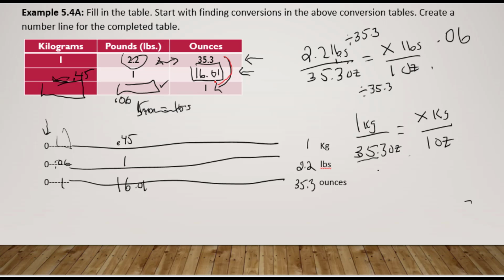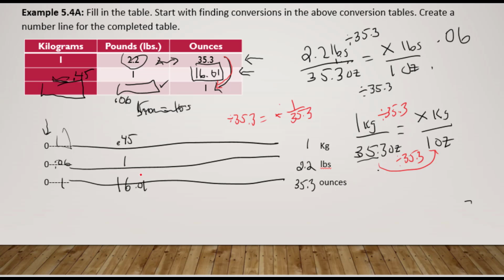I'm trying to make this quicker for you. And the answer is I divide by 35.3. And dividing by 35.3 is the same as multiplying by 1 over 35.3. So if I divide this denominator by 35.3, I can divide this numerator by 35.3 and just change the ratio, but still have an equivalency, right?